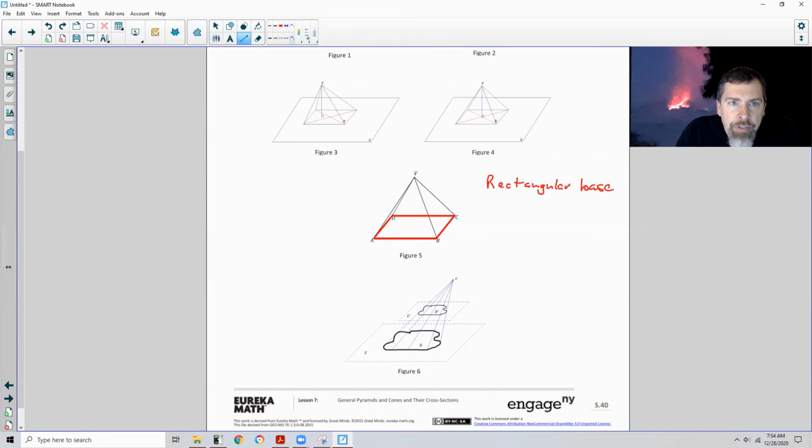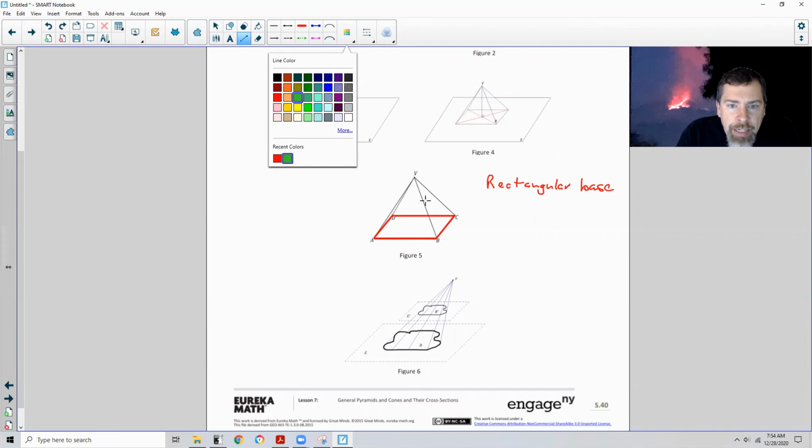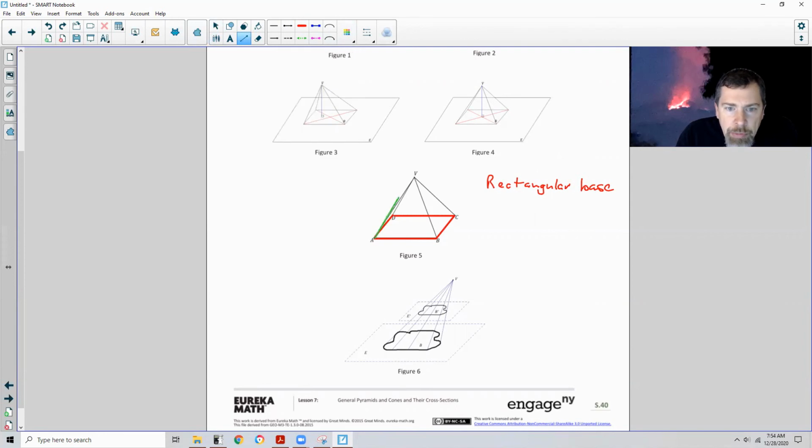Okay, but then if I take and choose a segment now and draw a segment from A to V and from B to V and from A to B, then that is the front face of this pyramid. Just fix this a little bit. There we go. And that is a lateral face, and it's in the shape of a triangle, and it is a triangle.